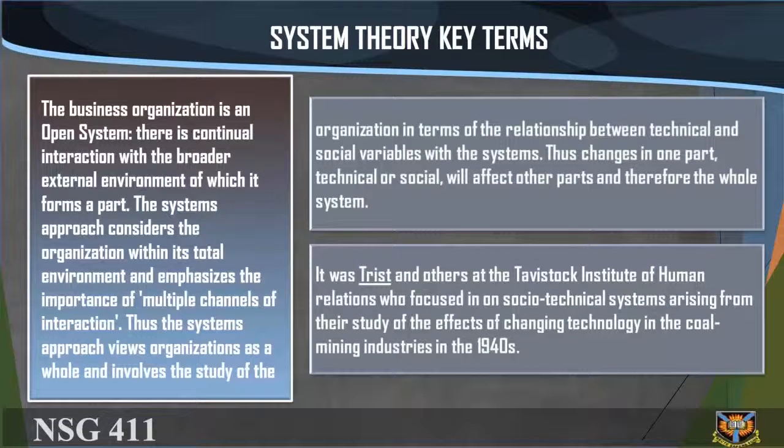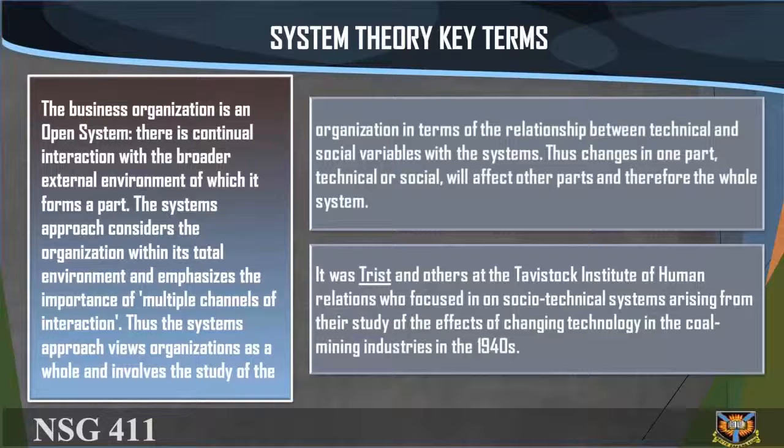The business organization is an open system. There is continual interaction with the broader external environment of which it forms a part. The systems approach considers the organization within its total environment and emphasizes the importance of multiple channels of interaction.